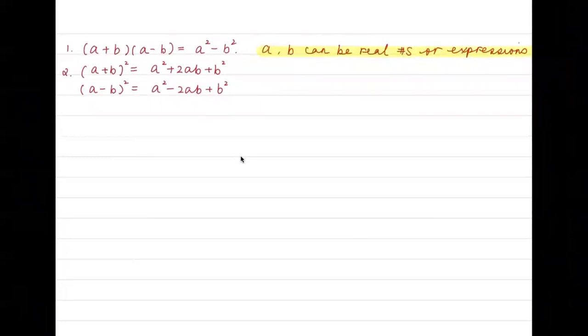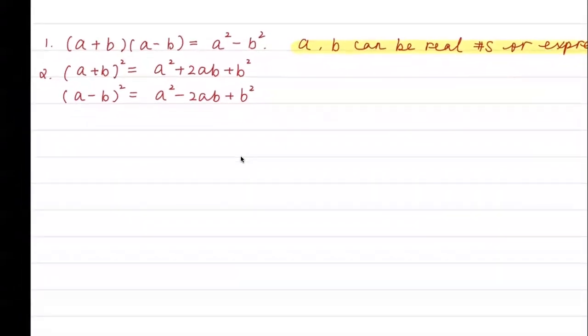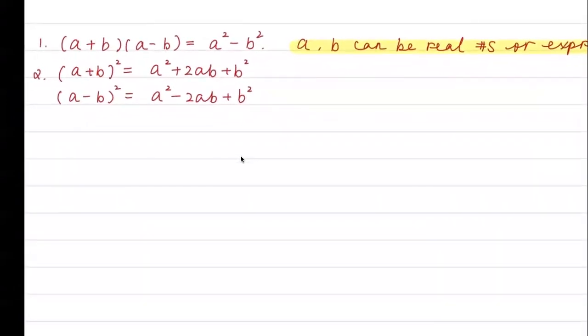So now we have two formulas. In our class handout, there are 4 sections. The first 2 sections are about this formula. The last 2 sections are about this formula. What we're trying to do in this class is we need to know how to use a formula from this direction.